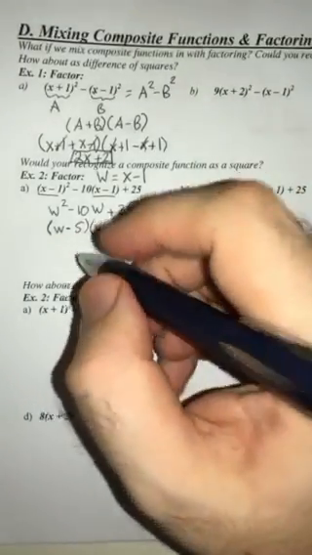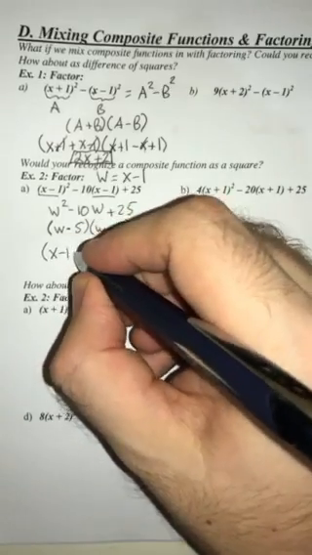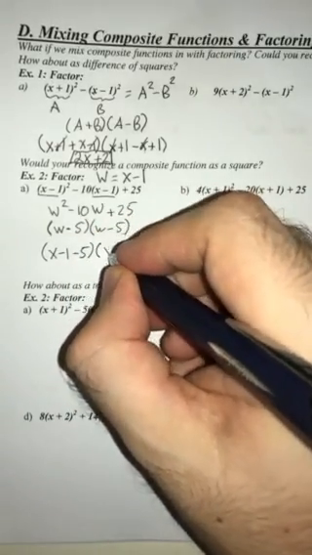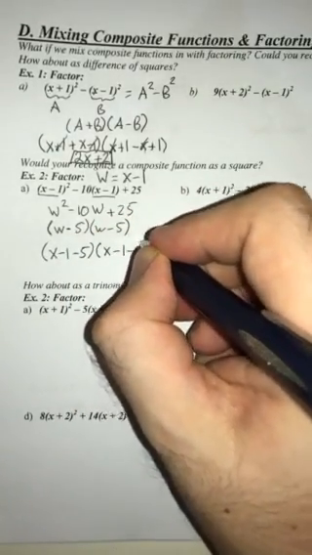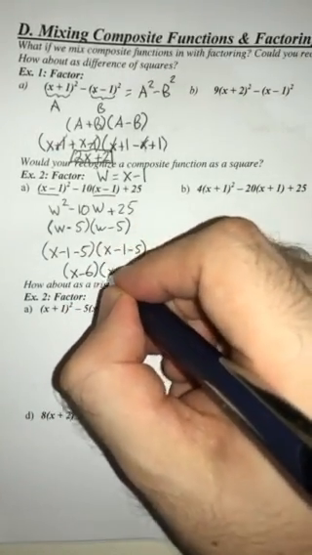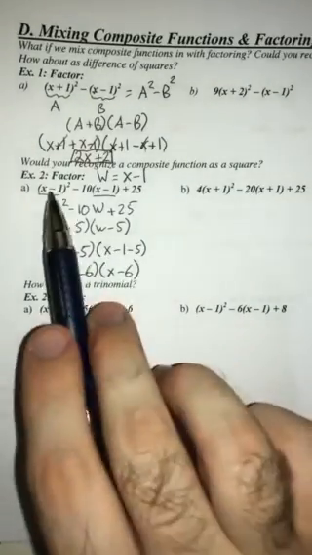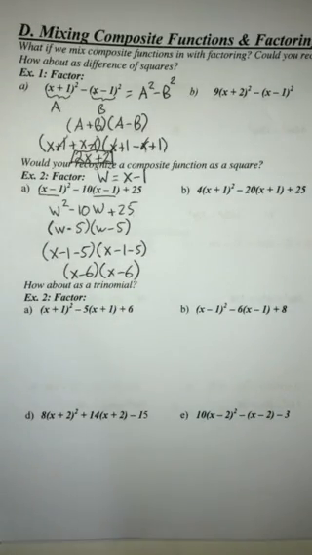I like it like this. So substitute back in. We get x minus 1 minus 5 times x minus 1 minus 5, and we just get x minus 6 times x minus 6. It's hard to believe that it actually equals this, but it does.